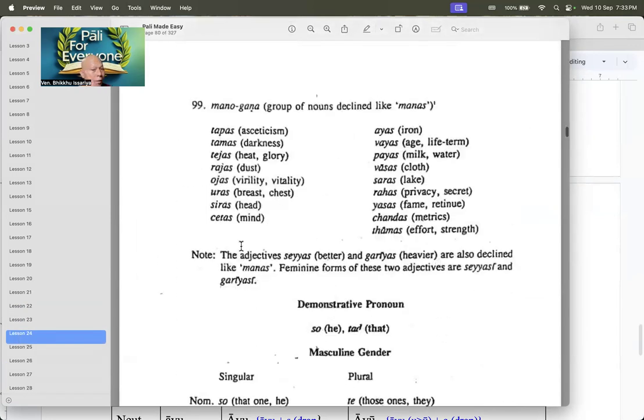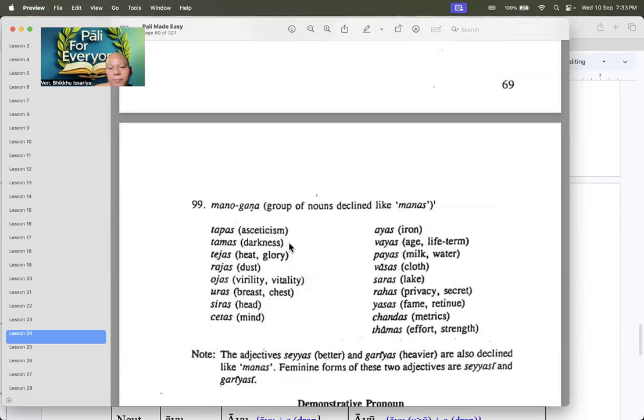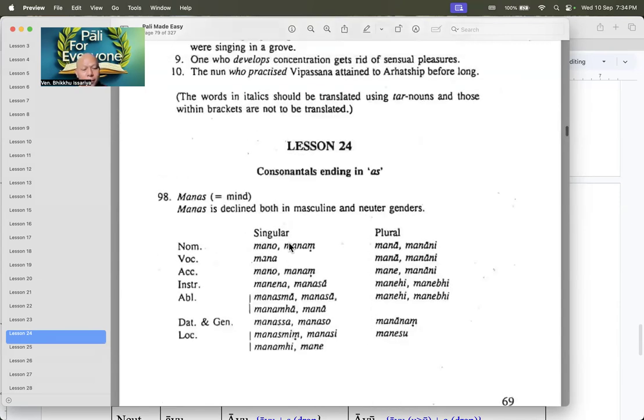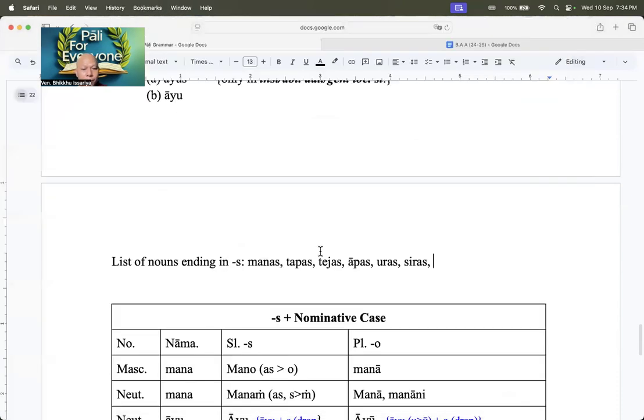Them is here, you see. And tapas. So manas, tapas, or tamas. Okay, so the meaning of manas is mind.